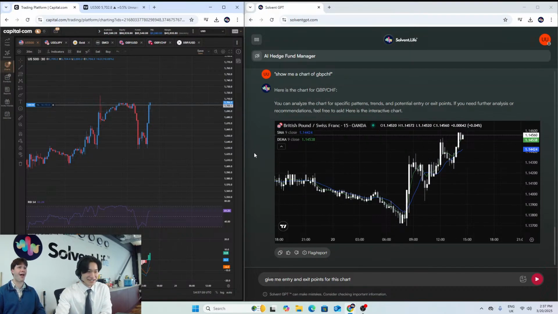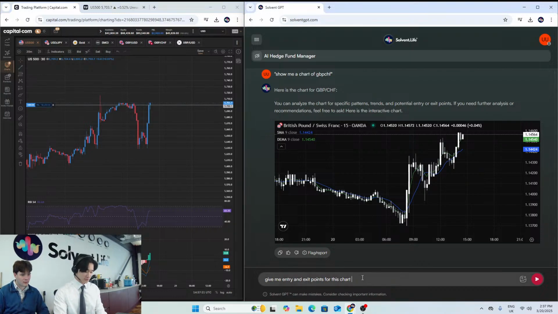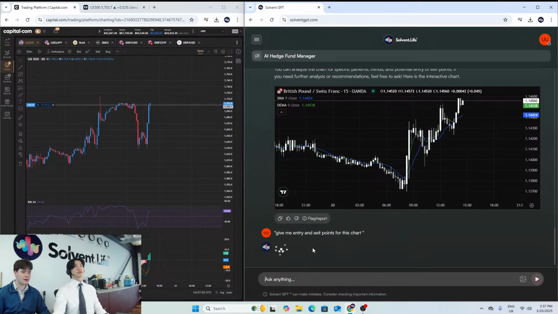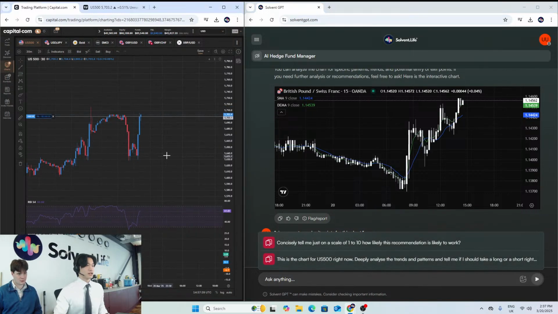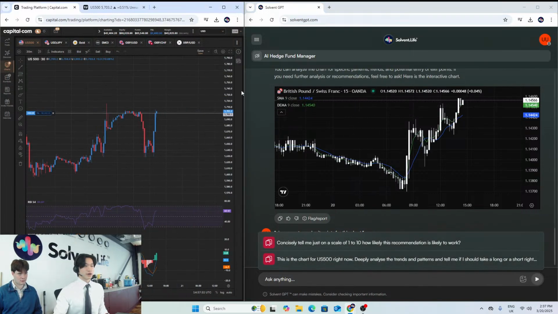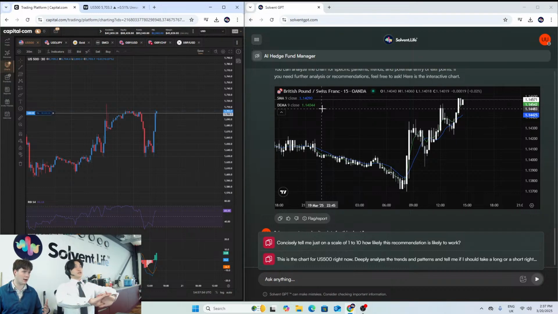Yeah, okay, give me entry and exit points for this chart. He's actually the one that recommended pound to Swiss franc, so let's give him a trade.